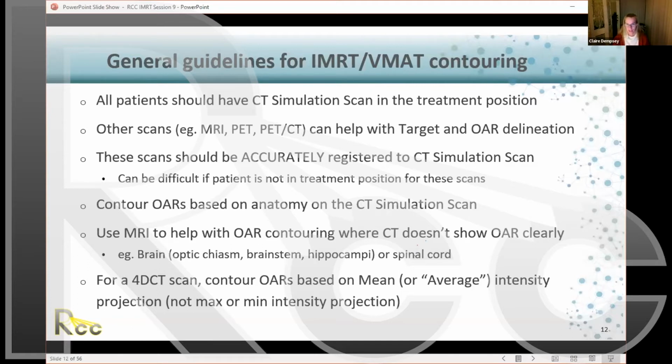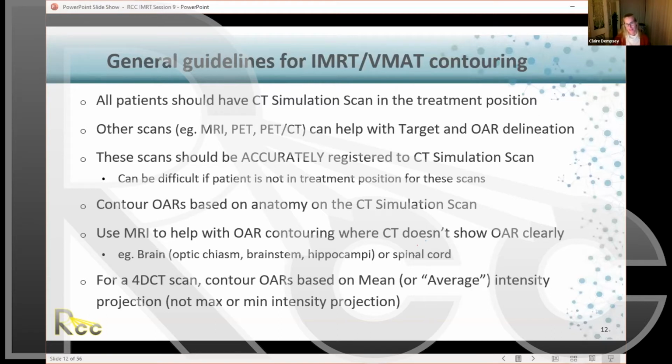Obviously, there are other scans. So things like MRIs or PET scans or PET CT scans that can also help to delineate the target and also some of the organs at risk. So in your treatment planning system, you may not only have the CT simulation scan, but you might also have other scanning image sets for your particular patient.